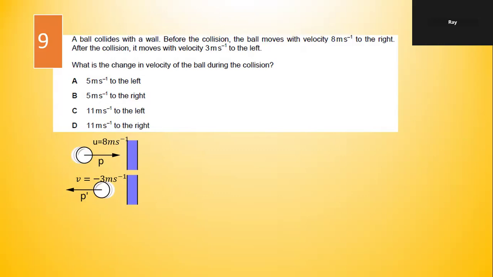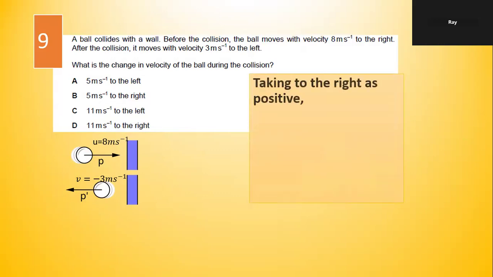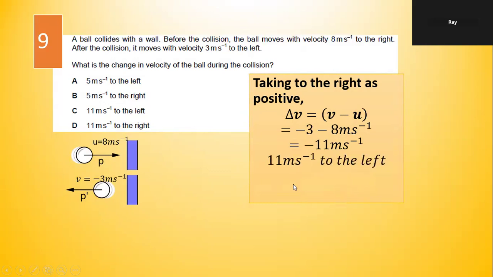What's the answer? D. Taking to the right as positive, change in velocity is final minus initial. You get a negative sign. Negative sign is to the left. C, okay.